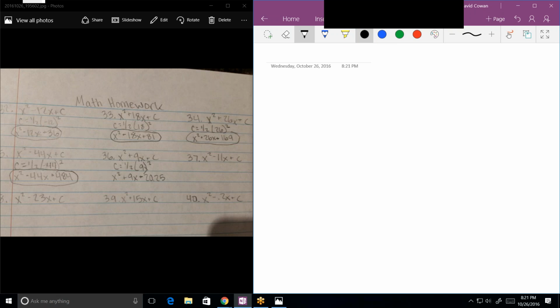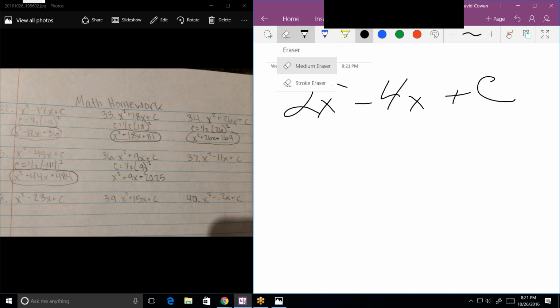Now, there is a hitch. You may or may not get a problem like this. If there's a coefficient in front of the x squared term, you have to factor it out.